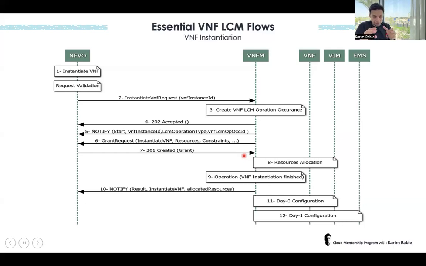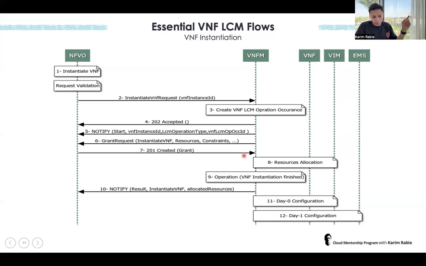So in 8, that's where the VNFM communicates with the VIM, okay, with the OpenStack. Once this happens and the operation is finished, in step 10, the VNFM notifies the NFVO that the VNF is instantiated.